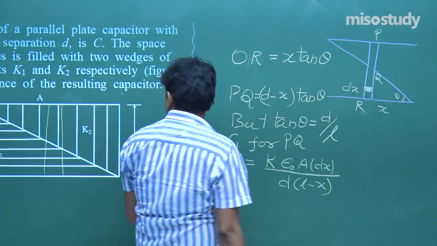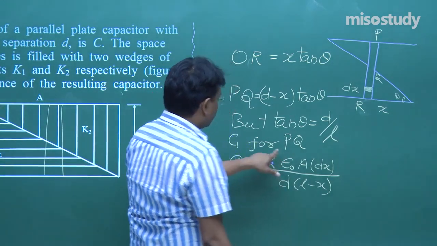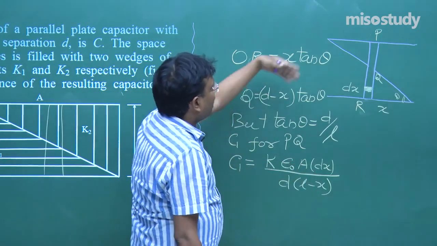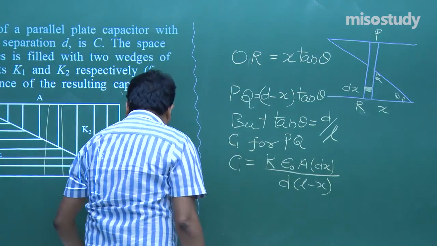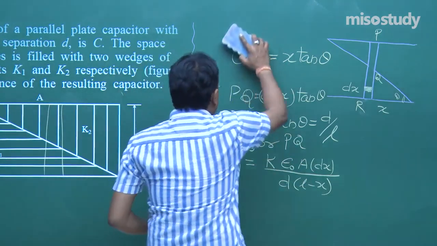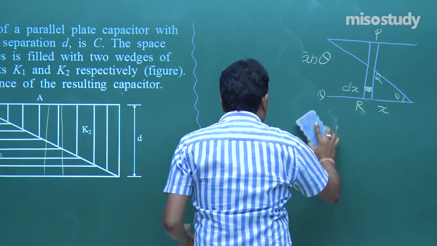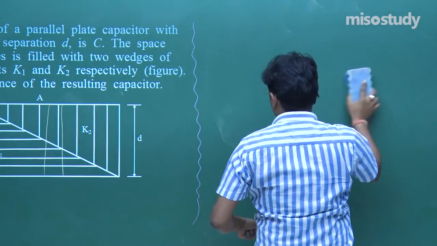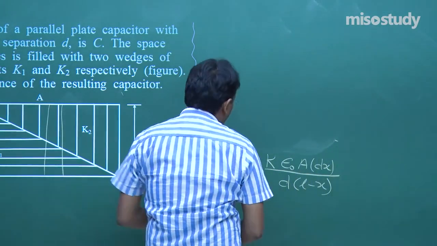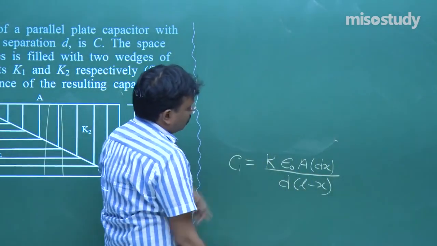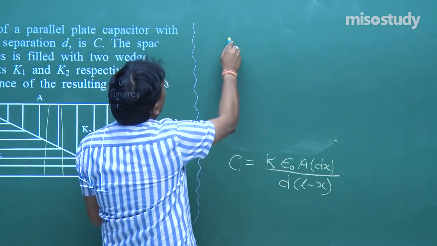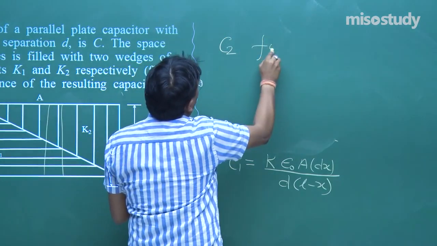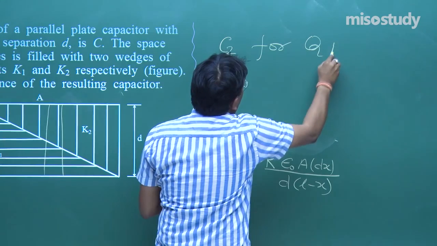So now use this C1 which is mentioned over here. Let me erase this portion so that I can write down C2 also. That is C2 for QR.